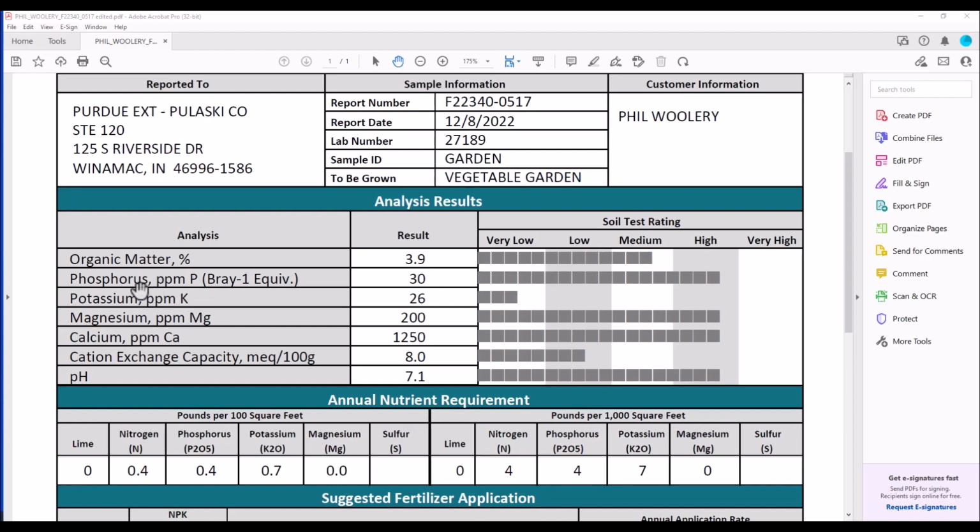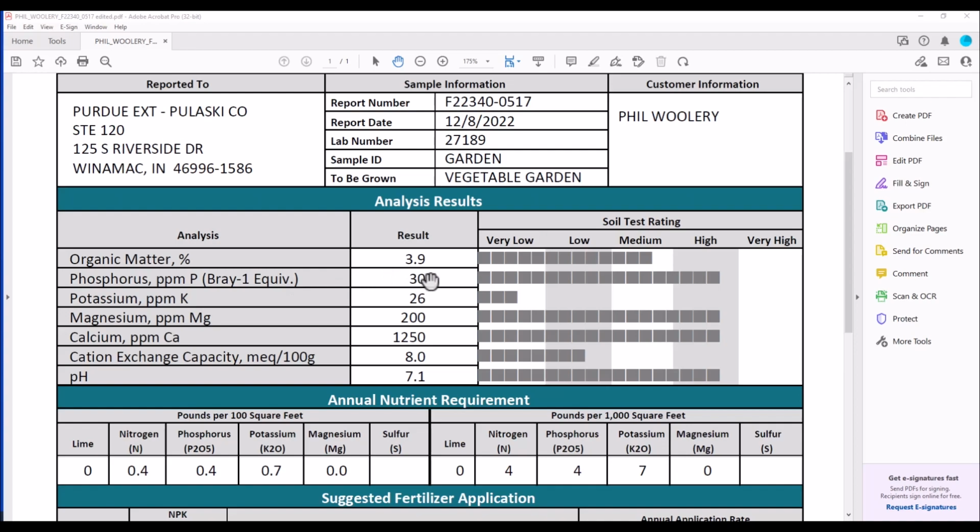Next, we have phosphorus, and this is measured in parts per million. If it's 1 part per million, then for every million particles, 1 part would be phosphorus. Phosphorus is used in many plant structures and in different biochemical pathways that the plant uses in its growth.